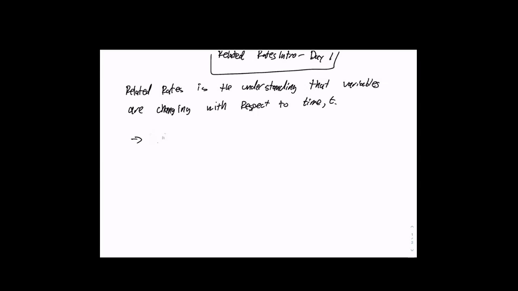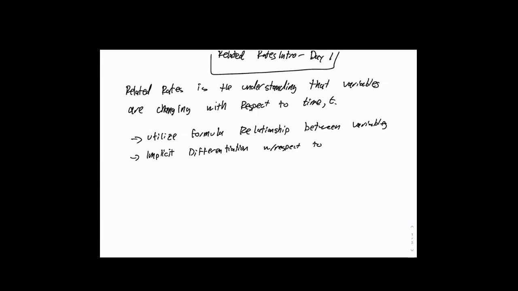Well, before I get in there, we're going to utilize formula relations between variables, and then we're going to do some implicit differentiation with respect to t, in other words, d/dt.